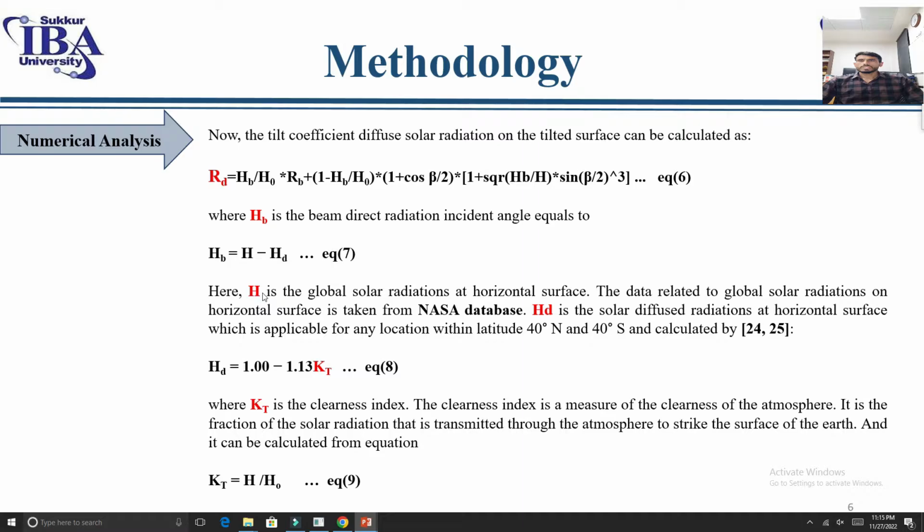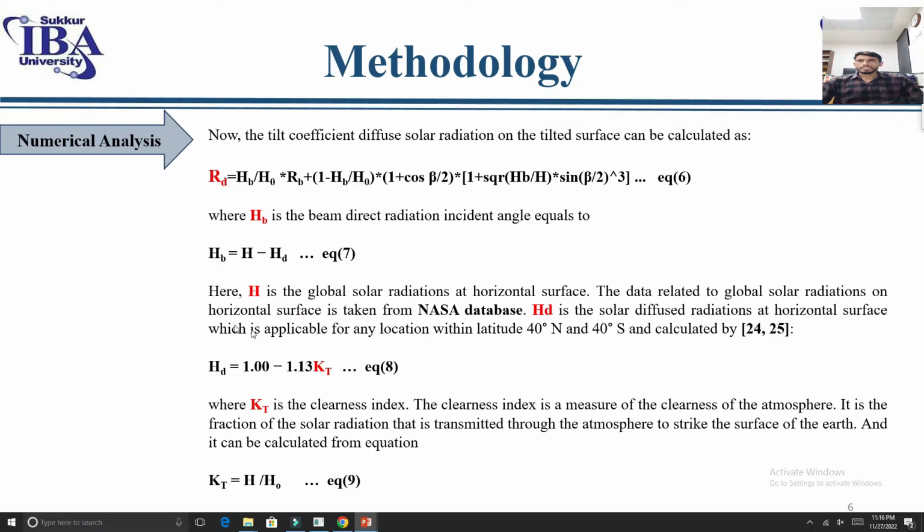In equation 7, H is the global solar radiation on a horizontal surface, and the data for H is available on the NASA database, where HD is the diffuse radiation on a horizontal surface, which is applicable at any location with a latitude between 40 degrees north and 40 degrees south.